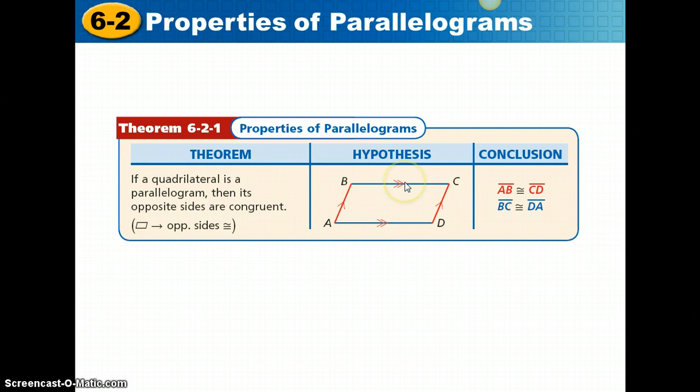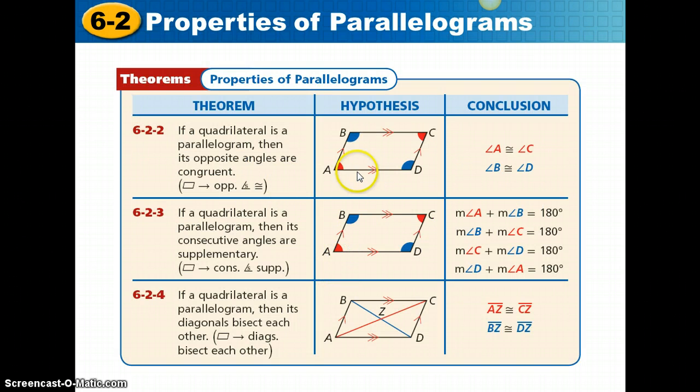Parallelograms have opposite sides that are congruent. Parallelograms have opposite angles that are congruent. Parallelograms have consecutive angles that are supplementary. And parallelograms have diagonals that are congruent.